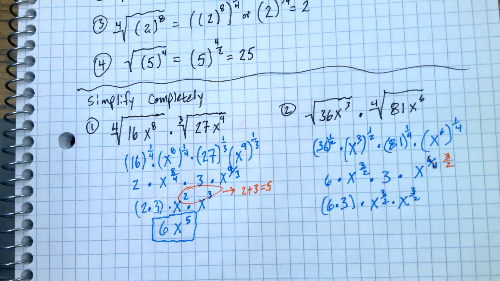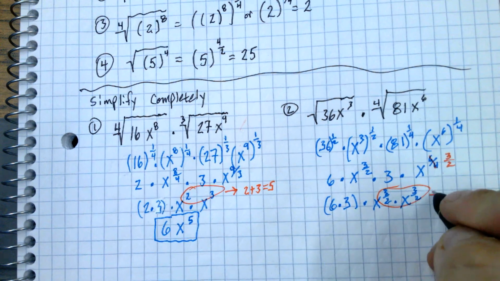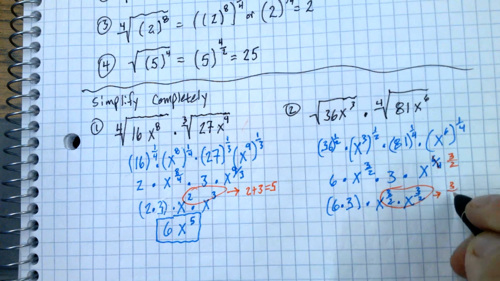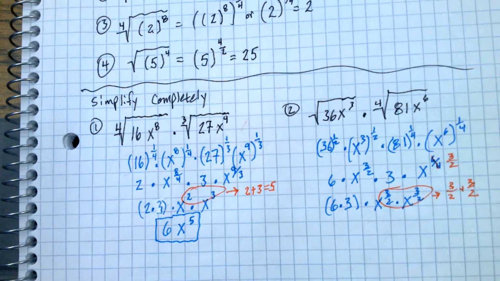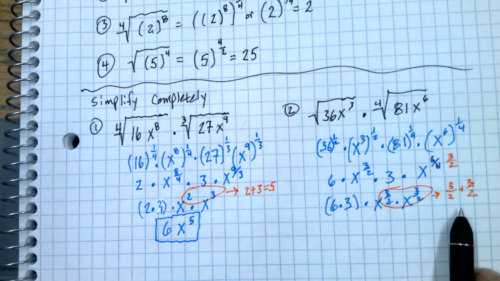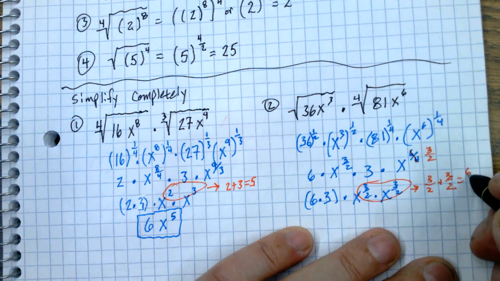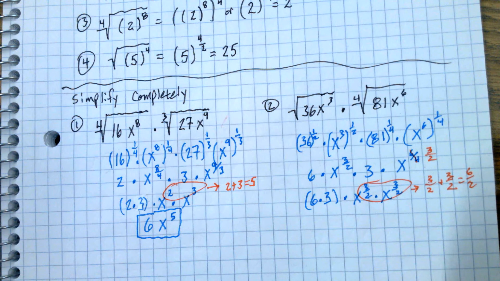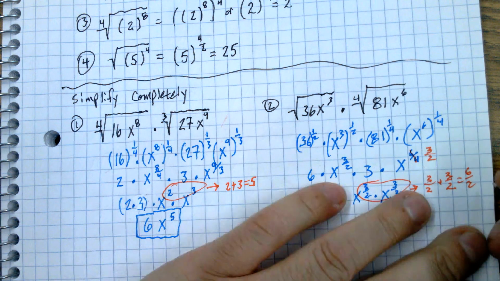Add them. So we can say, okay, I got to add these. So it's 3/2 plus 3/2. Fortunately for us, we have common denominators. So this just becomes 6/2. And what does 6/2 simplify to? 3.